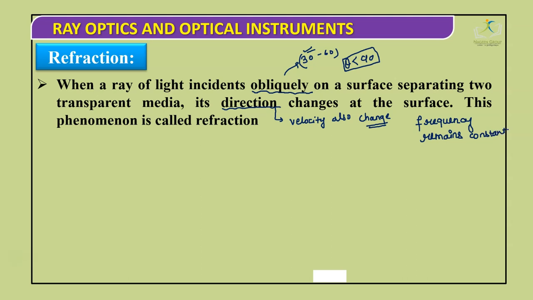If the frequency is constant, we know that c equals f lambda, or c equals nu lambda. If the frequency is constant, then either the speed changes or the wavelength changes. So direction changes, that means velocity changes, it means wavelength also changes.